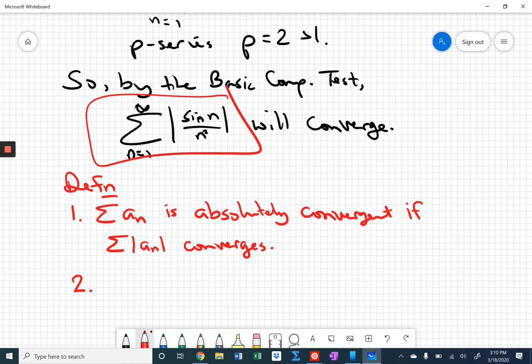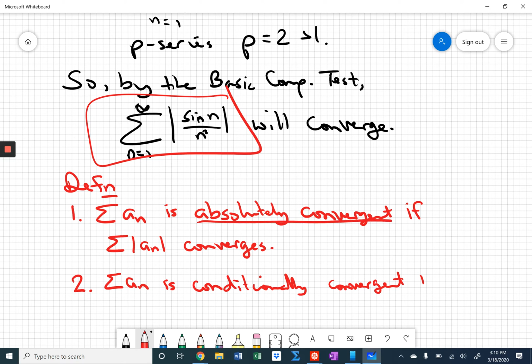Second part of the definition, the series a sub n is conditionally convergent. Okay, so absolutely convergent was what we're defining here. Conditionally convergent is what we're defining here.